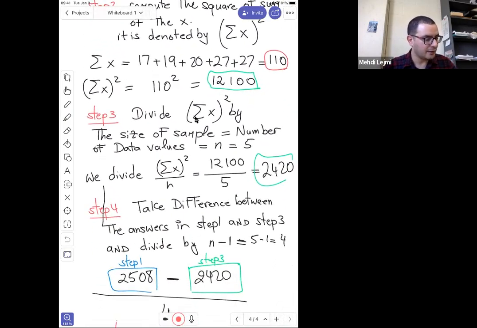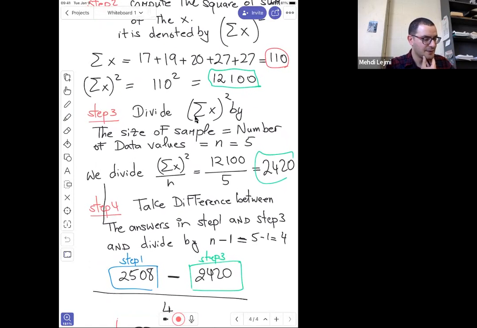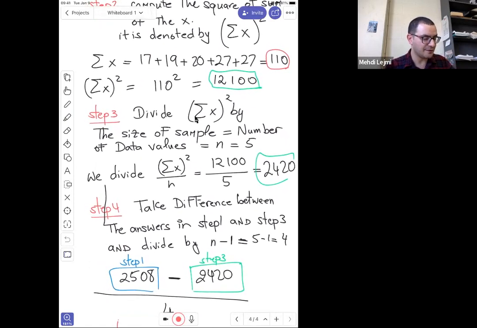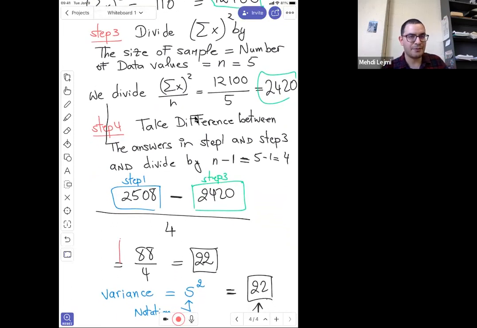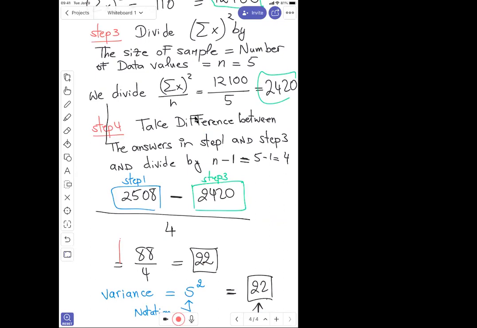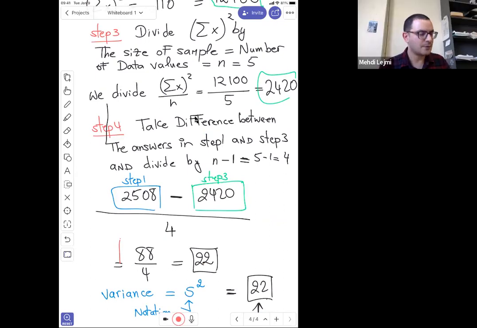Then divide your answer in step 2 by the size of the sample. And the last step, take the difference between step 1 and step 3, and you divide by n minus 1. When in this last step, step 4, you always remove one from your size of the sample. Yes, always.